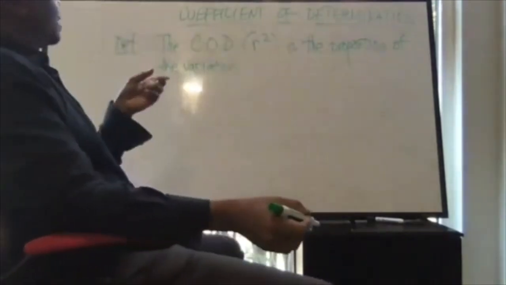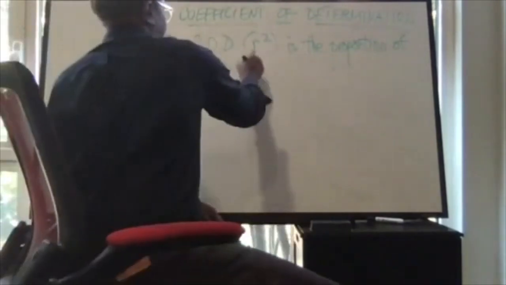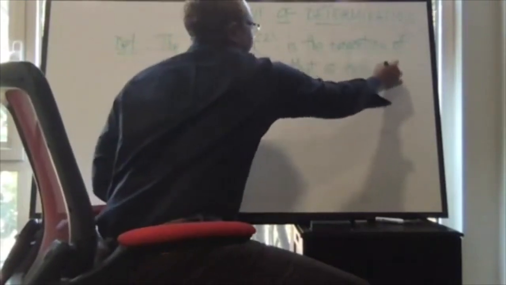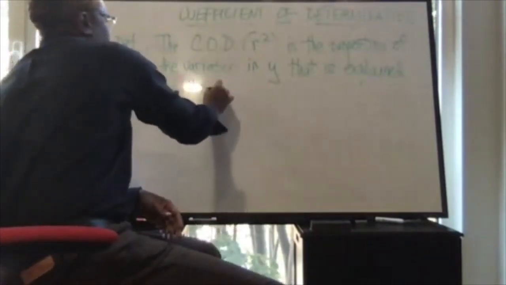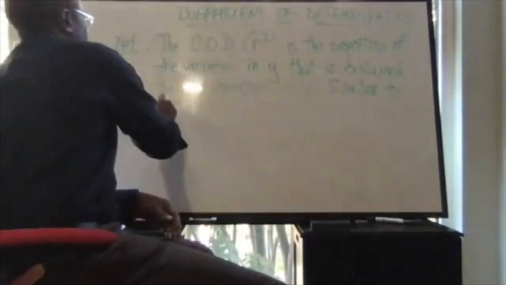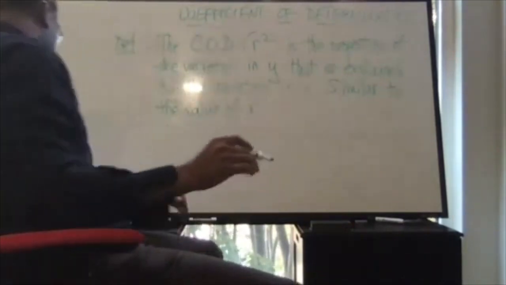Okay, so the coefficient of determination is the proportion, and you can use the word percentage there, of the variation in Y that is explained by the variation in X. Okay? And let's say it is similar to the value of R.